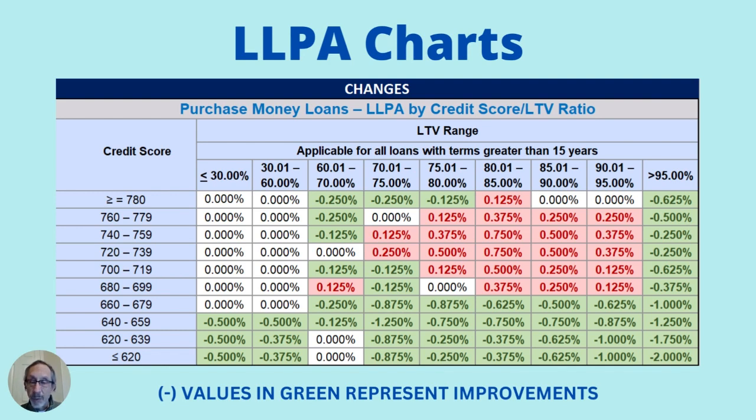If you take a good look at this chart, you'll notice that the lower credit scores at the higher loan to values, or the lower down payments, are actually getting a better break than the middle of the chart, where it's red or pink, from really the 680 all the way up to 780, depending where you are in down payment. That's a huge change from where we're used to.